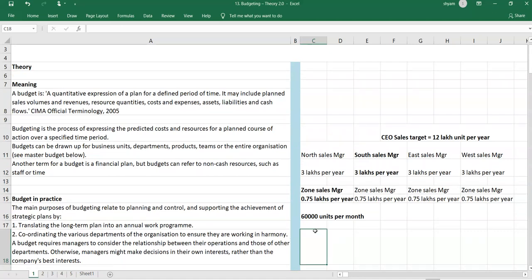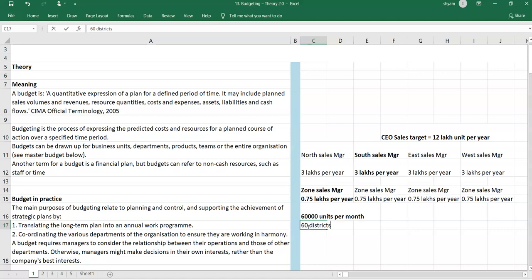For example, if you take India, in India you have the south zone. In the south zone you have like 4 states, and within each state there might be several districts. For example, if you take a particular state, there are 60 districts, just for an example.